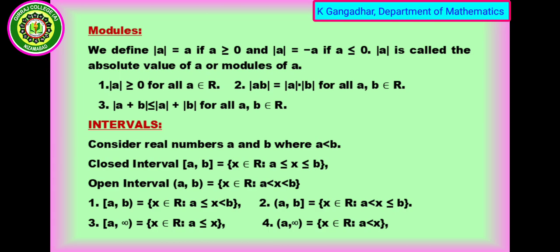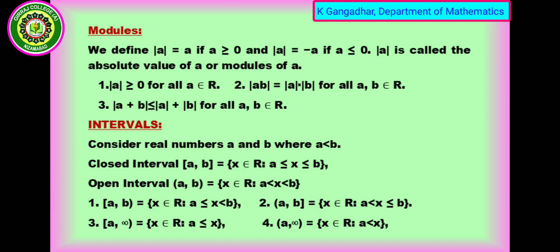Third property: mod of a plus b is less than or equal to mod a plus mod b, for all a, b belonging to R. This way we define the mod function. Next, interval.